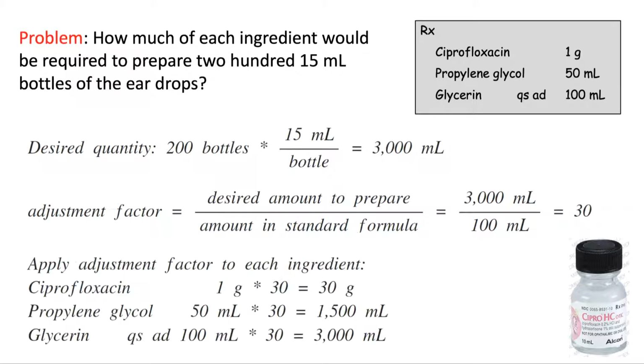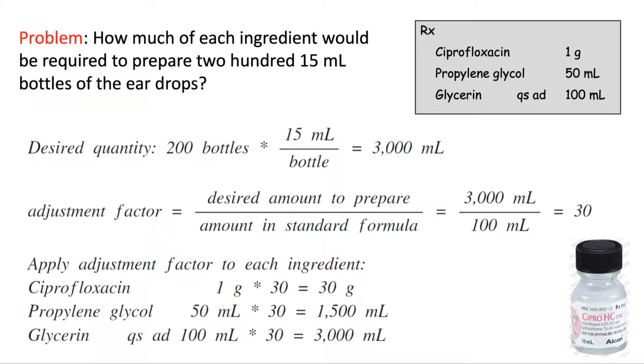So that's our last step, to apply this adjustment factor to each ingredient. Okay, this is where, though, you need to be very organized. So you'll notice I wrote out each ingredient, ciprofloxacin, propylene glycol, and glycerin, in the same way it's written in the prescription. So for each of those ingredients, let's just do one at a time. So for the ciprofloxacin, I need 1 gram.